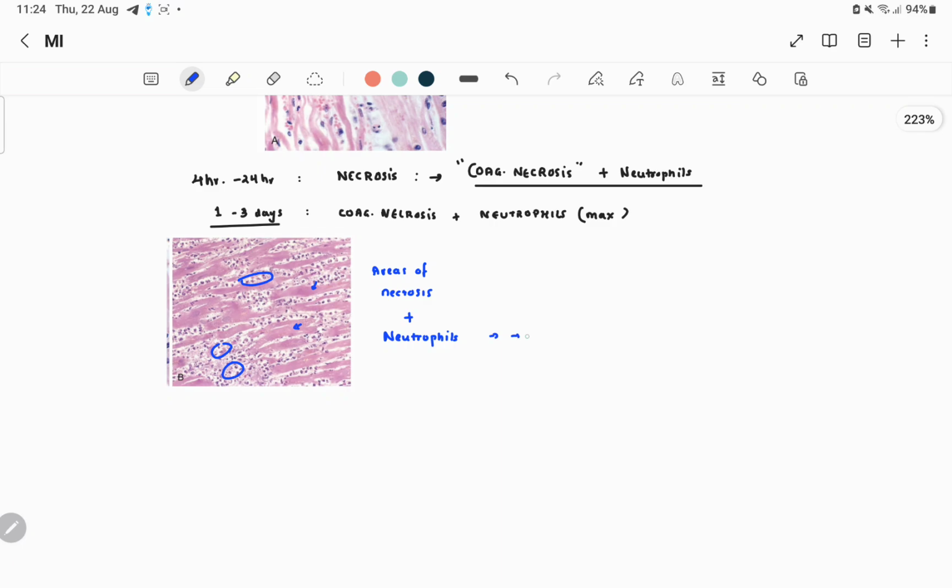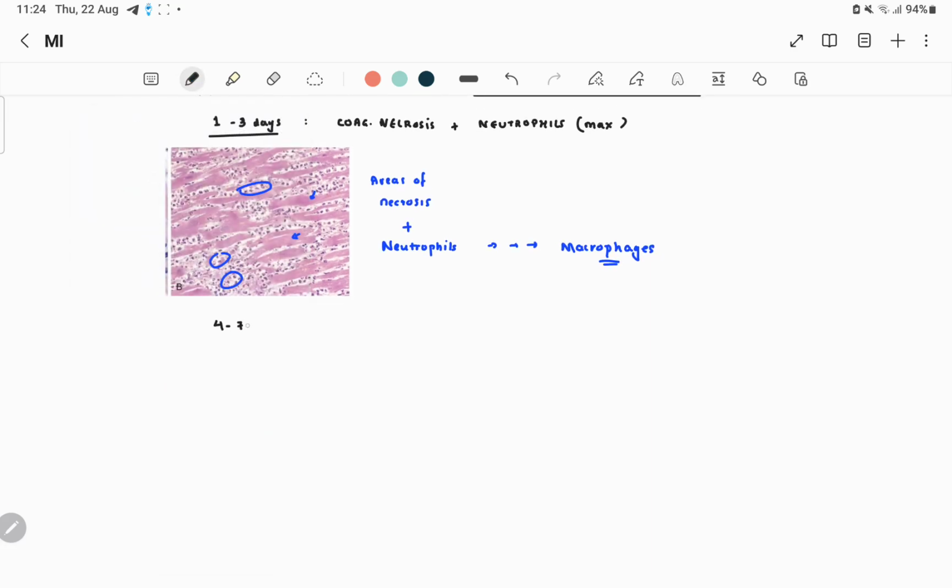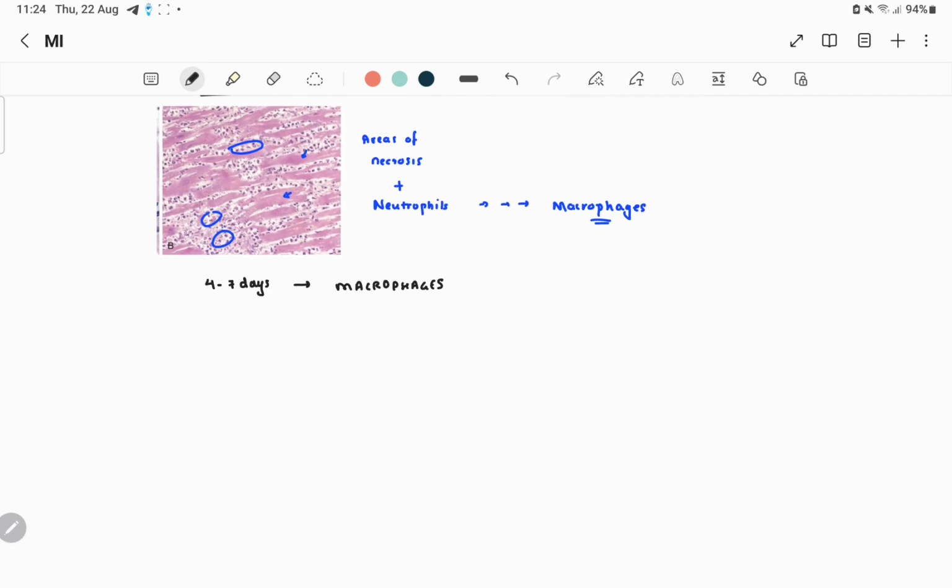After neutrophils, what comes? There will be the coming of macrophages. Understood? So when the infarct becomes a little bit old, like 4 to 7 days, there will be macrophages. Then macrophages will remove the necrotic tissue and neutrophils, and this is said to be the weakest point of the scar.